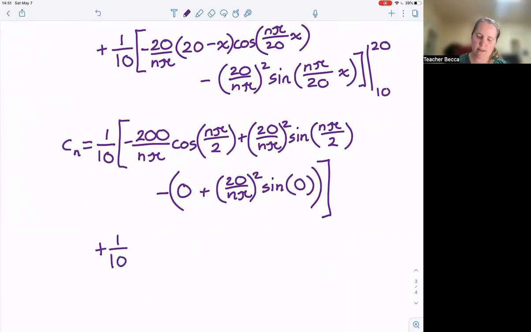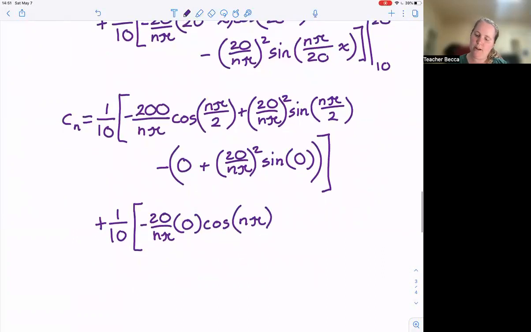Then we have 1/10 times the second definite integral. So we have 1/10 times plugging in 20. That first piece would be a negative 20 over n pi times 0 times cosine of n pi. Then we would be subtracting off 20 over n pi, both things squared, times sine of n pi. From this, we will subtract off what happens when we plug in 10.